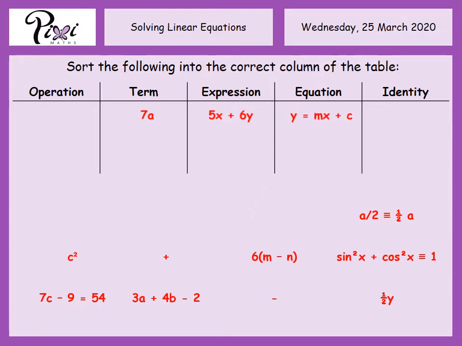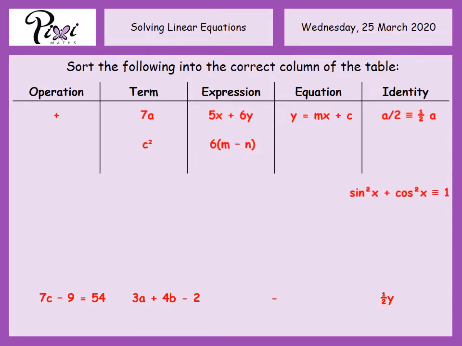y equals mx plus c, it's an equation. Why is it an equation? Because it has an equal sign. a over 2 equals half a. It's an identity. Why? Because it's a true statement. c squared is a term. Plus is an operation. 6m minus n is an expression.